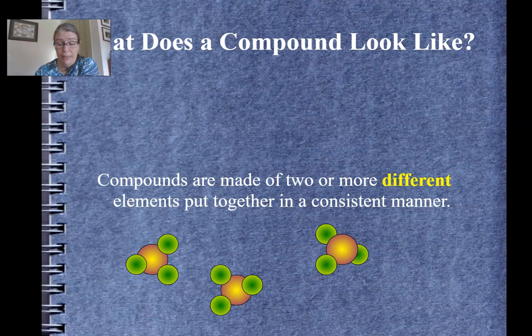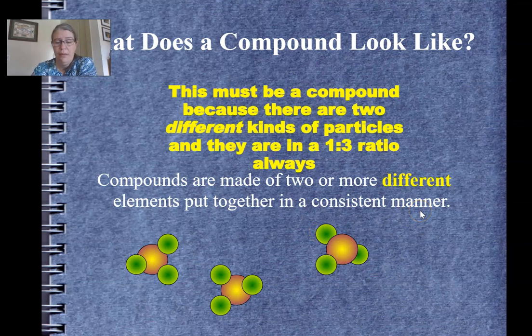It's H2O here, it's H2O in Russia, it's H2O in Siberia, it's H2O on Pluto, because that compound has that definite composition. So that's how you can really look at a particulate diagram and tell if it's a compound. I see two different kinds of particles and a consistent ratio, 1 to 3, 1 to 3, 1 to 3.